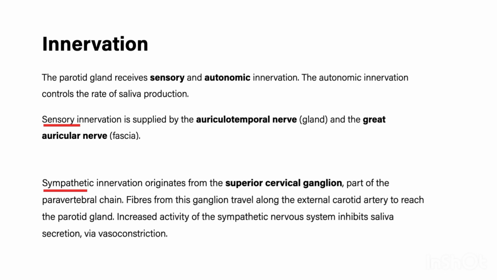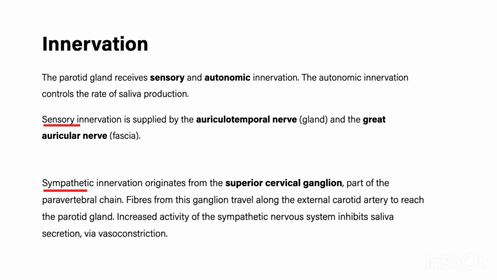Now coming to the sensory innervation. Sensory innervation basically is via the auriculotemporal nerve, which is responsible for the sensory innervation to the whole gland, and the great auricular nerve, which is for the fascia of the gland.